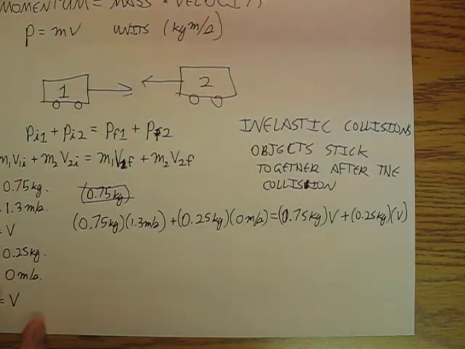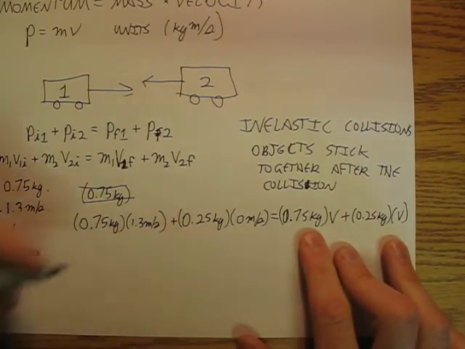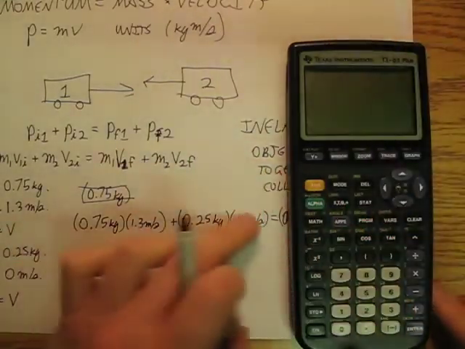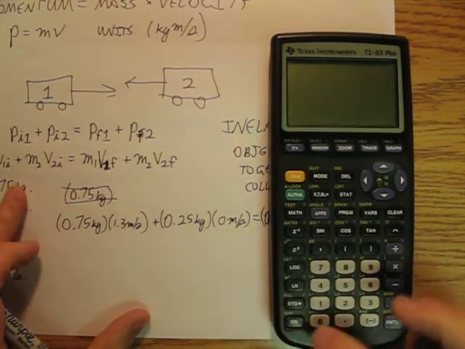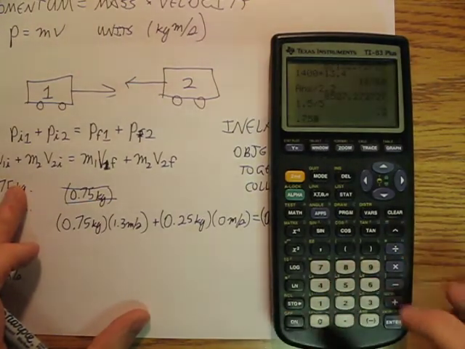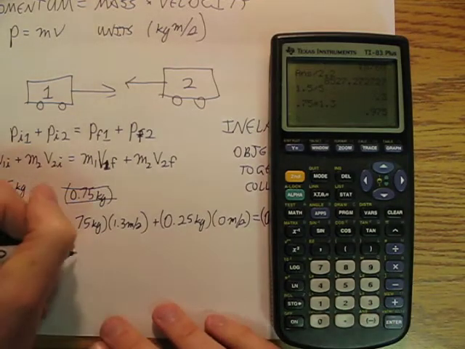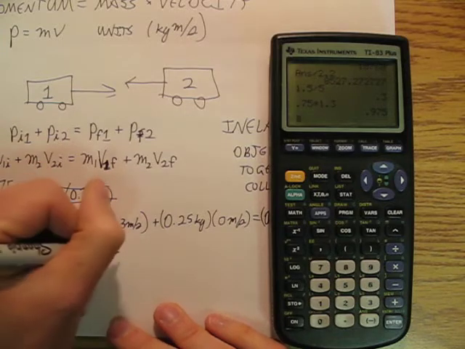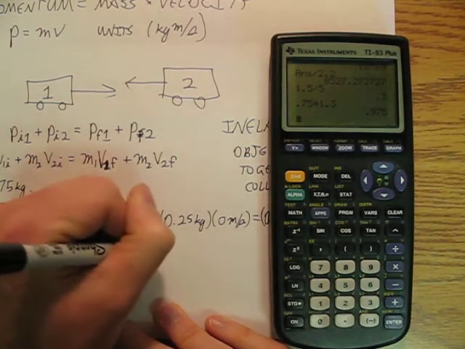Okay, so what I can do is I can say this whole left side here is going to be 0.75 times 1.3. That's going to be 0.975 kilogram meters per second.